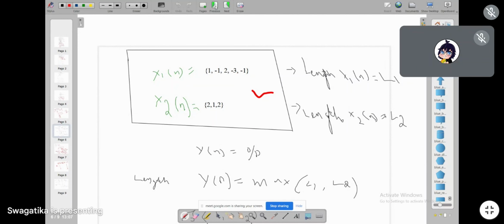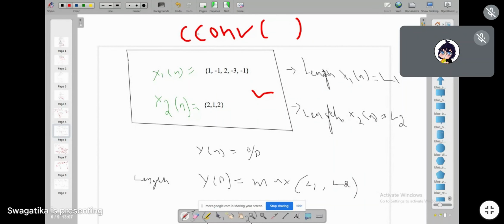Written the question, everyone? Acha, what is the inbuilt command for your circular convolution? Okay, this is the inbuilt command.